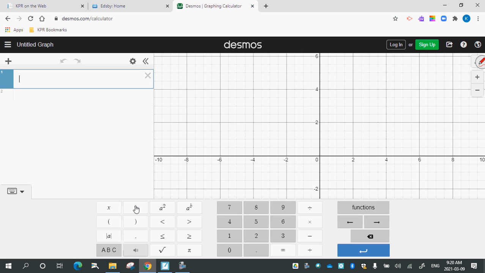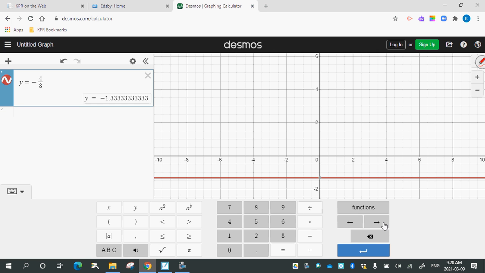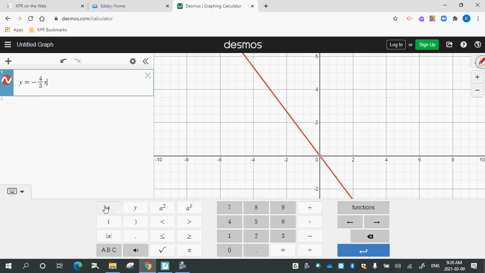So I'm going to type in the equation y equals -4 divided by 3. But then I want to use the arrow to put x out in front of it, x, which is here, plus 13/3.